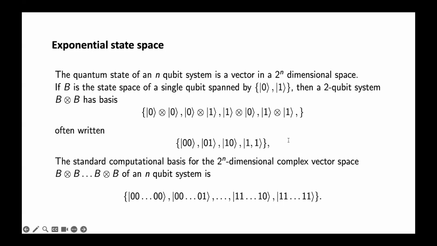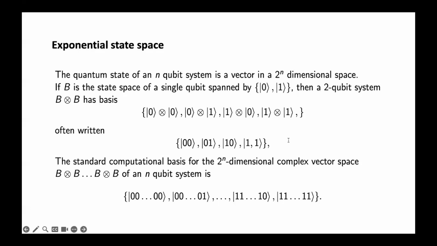If B is the state space of a single qubit spanned by 0, 1, then a 2-qubit system has this basis now. You see, the basis consists of 0 tensor product 0, 0 tensor product 1, 1 tensor product 0, and 1 tensor product 1.